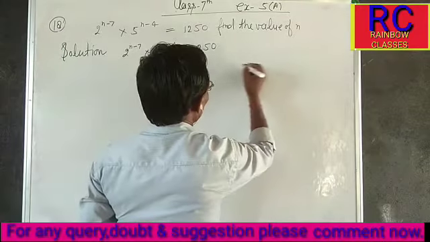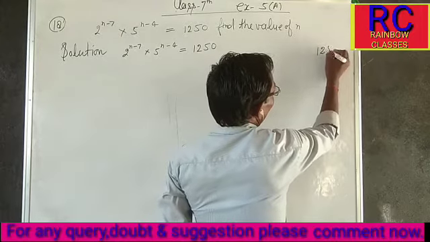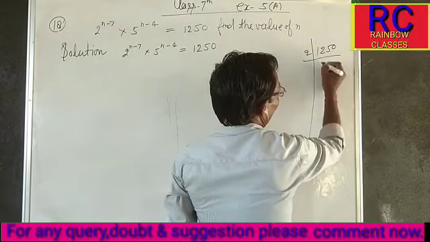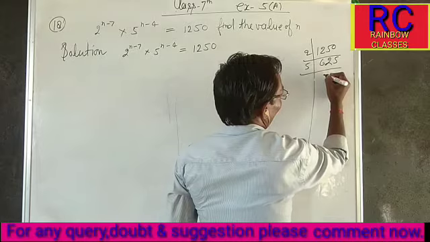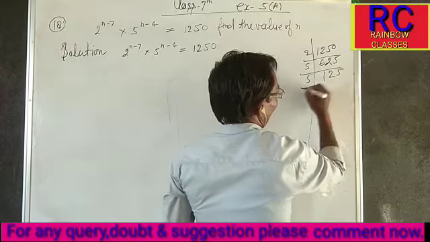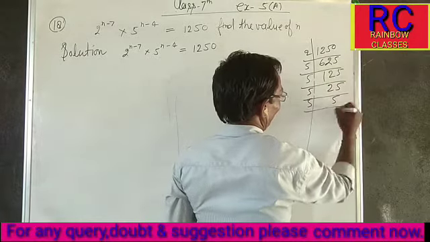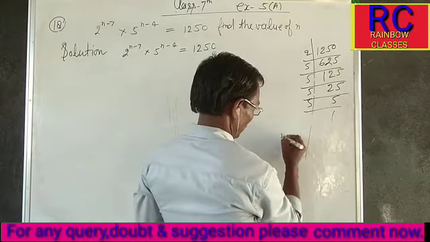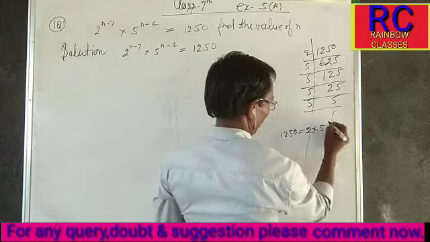According to the formula, first we factorize 1250. 1250 is equal to 2 into 5 to the power 4.